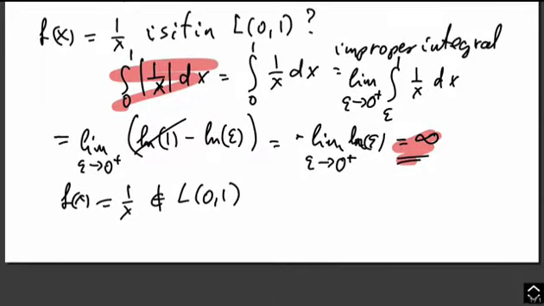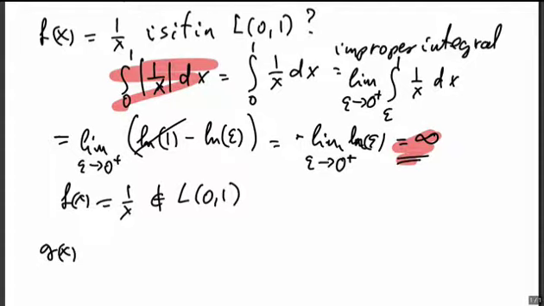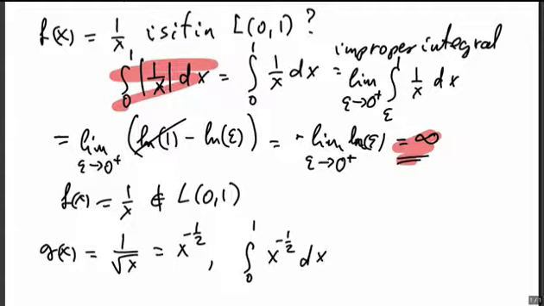But then, for example, again from calculus 2, when you have g of x equals 1 over square root of x, which is x to the minus 1/2, it turns out that this is integrable. The integral from 0 to 1 of x to the negative 1/2 dx. Again, we go through this limit calculation.